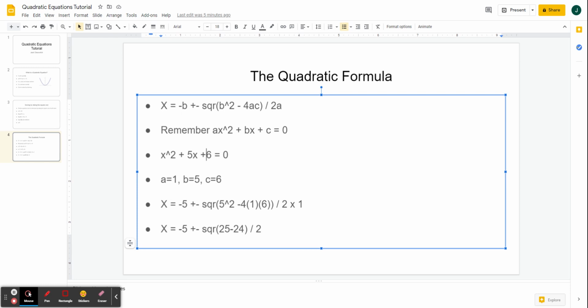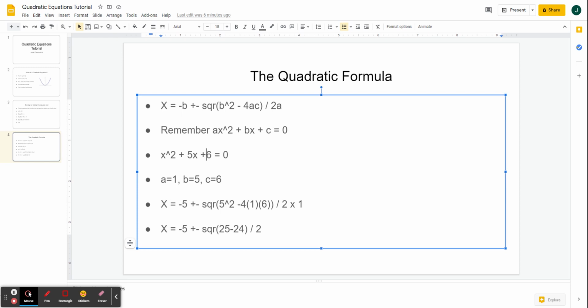So plugging that into the quadratic formula, we have our b value of 5. Remember, x equals negative b first, so that would be negative 5, plus or minus the square root of b squared, which is 5 squared, minus 4 times a times c, a and c being 1 and 6 respectively, over 2a, which is 2 times 1, since 1 is equal to a, and then we'll get our solutions.